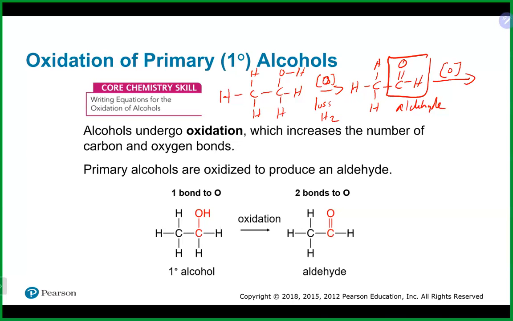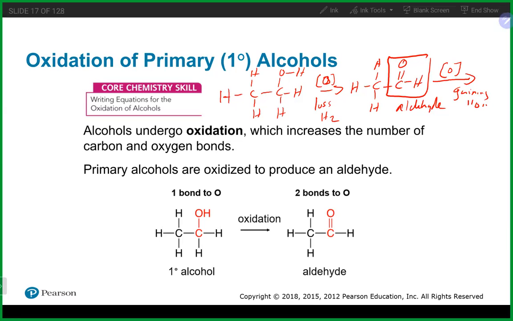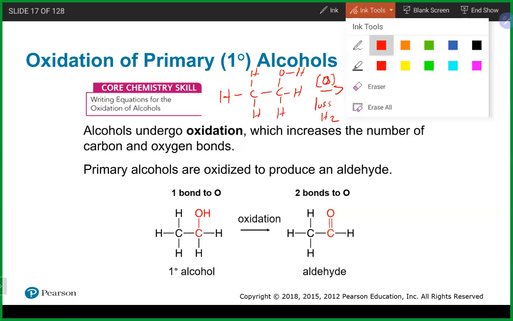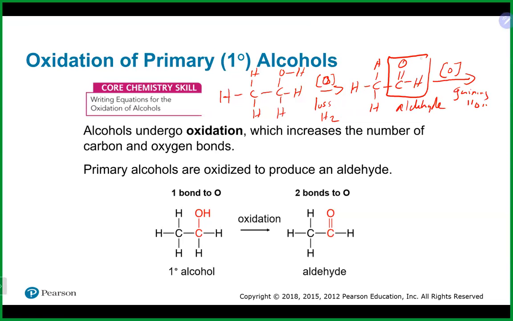The second oxidation is actually the gaining of oxygen. To make it really simple, where that oxygen will end up is right there. Everything's going to stay exactly the same. We're just going to insert an oxygen right at that point where the hydrogen is, and we're still going to keep the hydrogen.